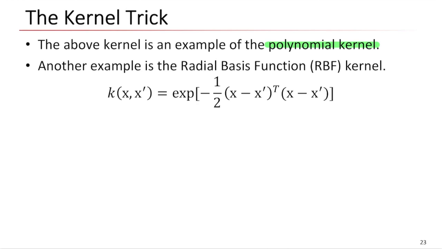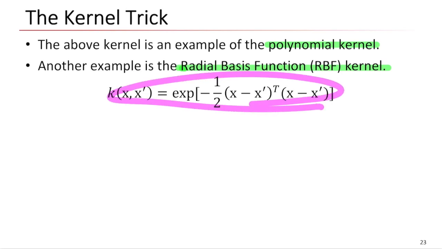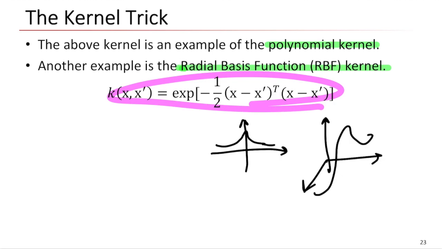Another kernel is the radial basis function kernel, which is defined something like this, right? Actually this is a Gaussian kernel, or Gaussian function. If you remember the Gaussian shape, in the 1D case it looks like this, and in the 3D case something like this.